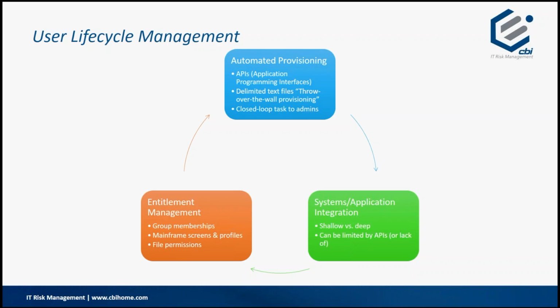When we talk about systems and application integration, that can be done at a shallow level or it can be deep. Shallow and deep refers to the depth of the identity record that gets created in an application. Are we putting it exactly where it needs to be in Active Directory, or do we have, say, just a new users container that it gets thrown into, where we give it a user ID and username and a first name, last name, and a few attributes, and then let's say the help desk matures that and assigns access afterwards?